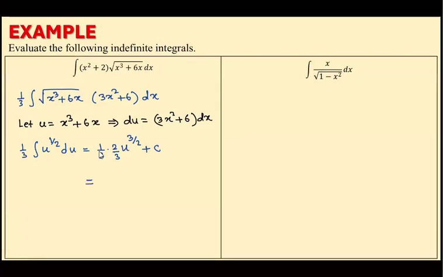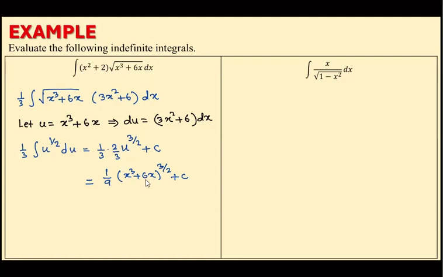Here, 1/3 multiplied by 2/3 is 1 times 2 is 2, 3 times 3 is 9. So that becomes 1/9. The value of u is x cubed plus 6x, and the power is 3/2, plus c. So we substituted the value of u back here.